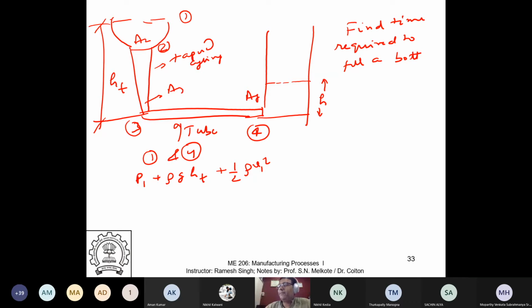So V1 is 0. That is equal to P4 plus rho g h4, where h4 is also 0, plus half rho Vg squared. Now, is P1 equal to P4?